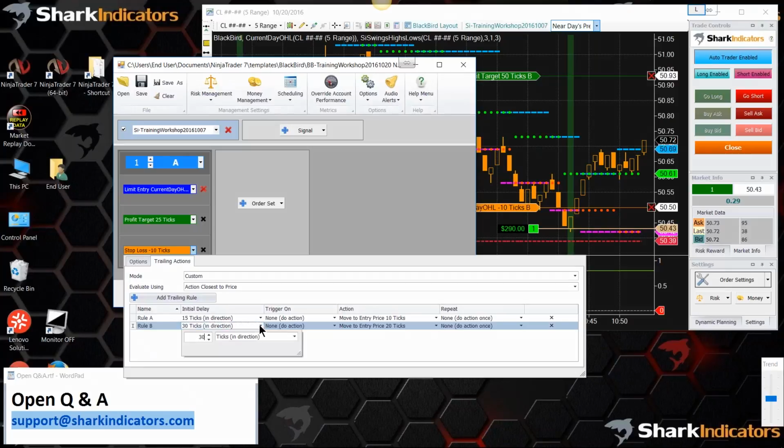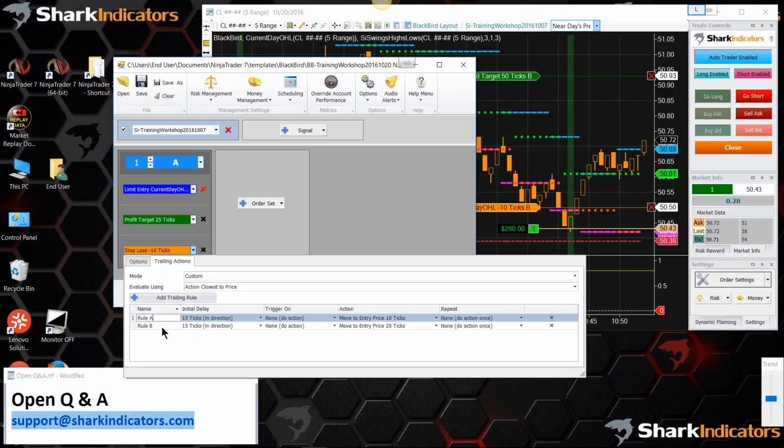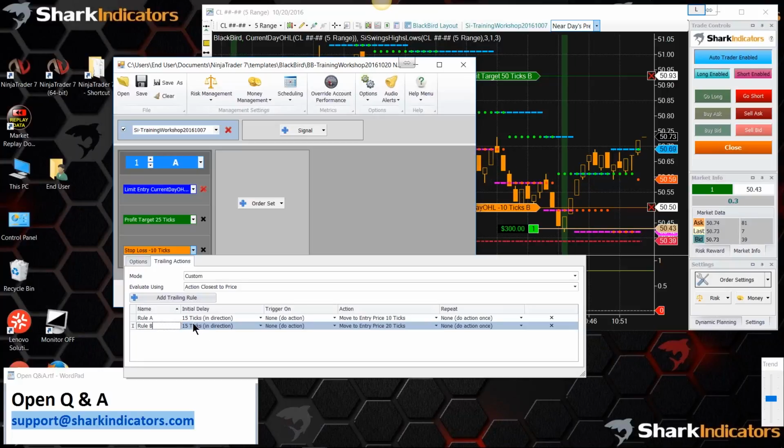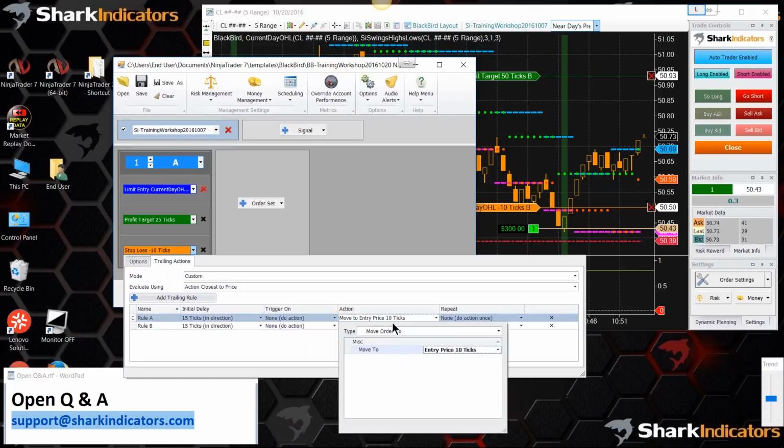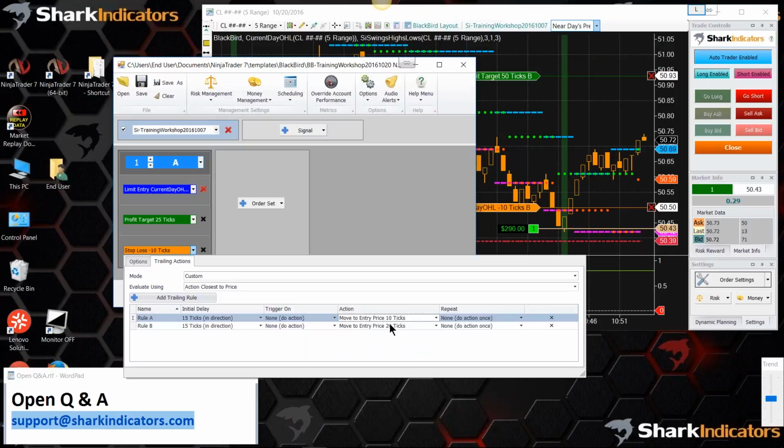But let's just say let's create an artificial conflict here. So, all right, so there we go. So we created an artificial conflict, right? So we got rule A and B, both trying to fire off at the same time as soon as we get 15 ticks, but of course our actions are different.